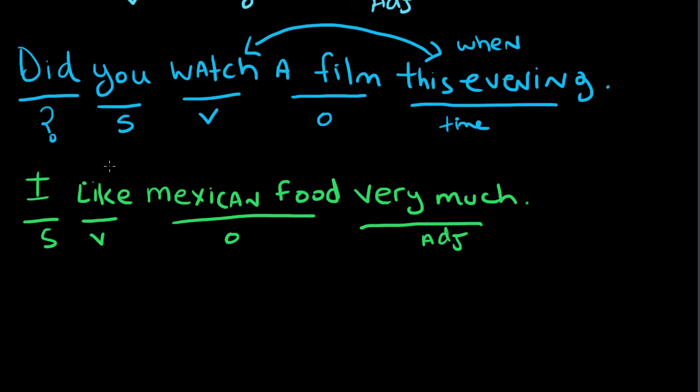It's related to the verb and the object, but it needs to go after the object. You can't say I like very much Mexican food. It's I like Mexican food and then how much you like it, the adjective after. So let's look at a few more examples of word order in sentences.